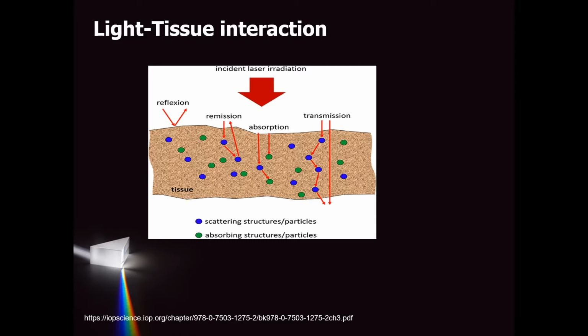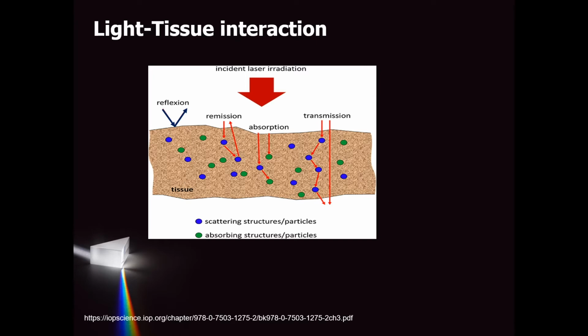The first thing, as you can see here, is reflection. It means that when we shine a light, it can reflect off the top surface, which we are familiar with. It's very similar to reflection of light from the surface of a mirror.